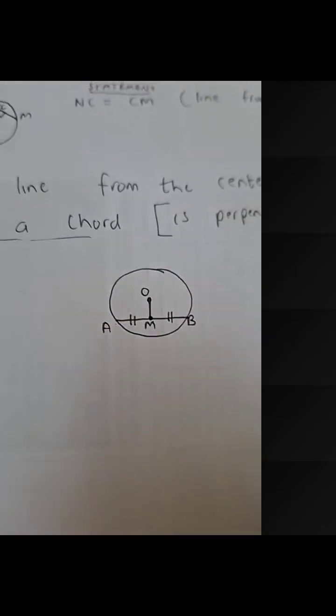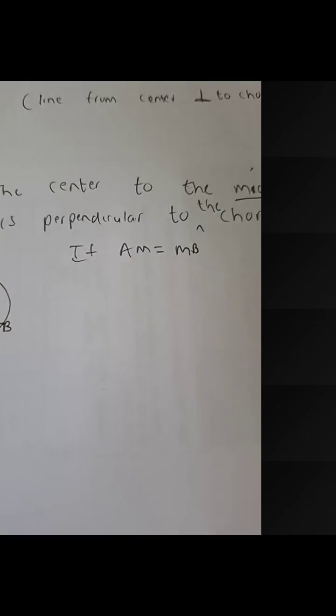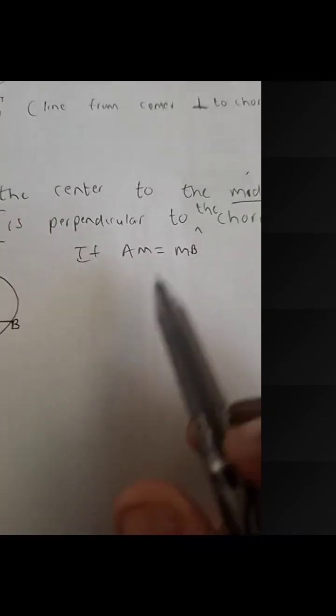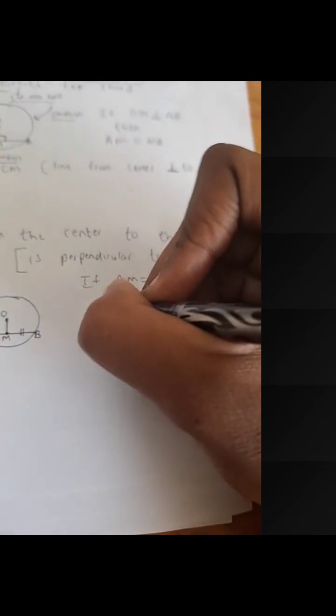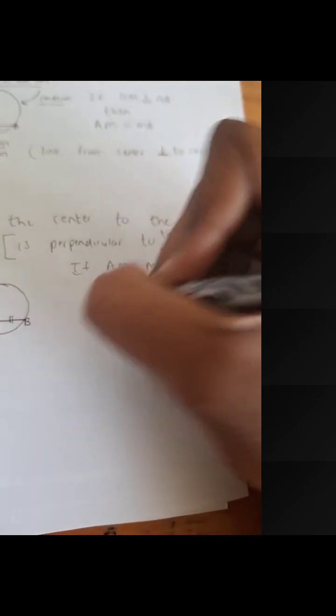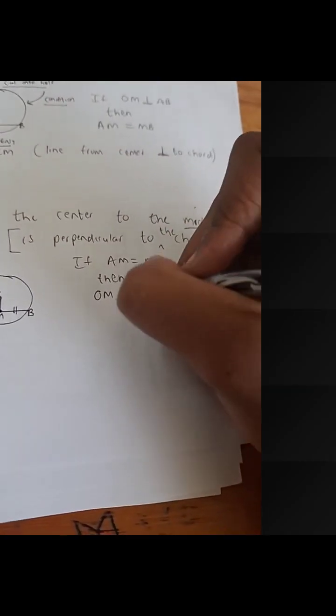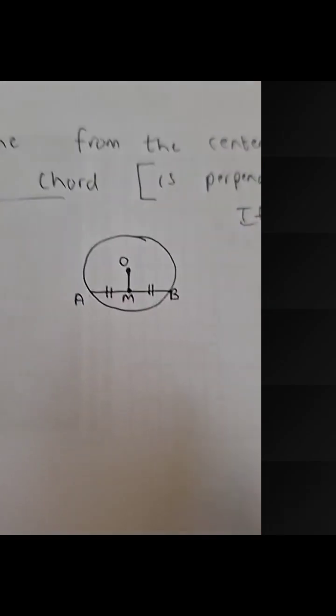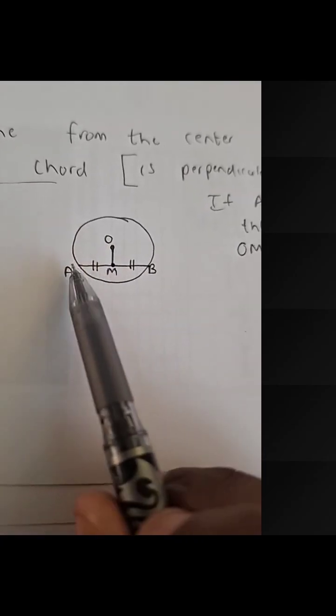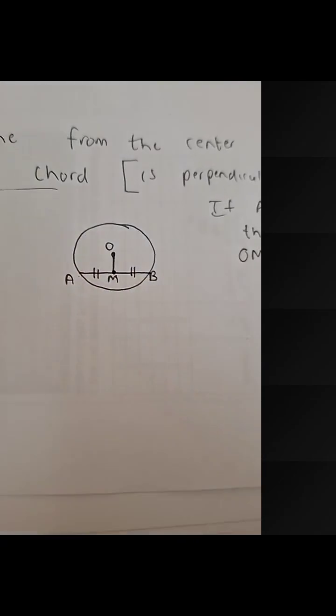What about it? In other words, if AM is equal to MB, that is the if part of our statement. If AM is equal to MB as given in the diagram, then what is the result? Then we can say the following: OM is perpendicular to AB. That is the result.